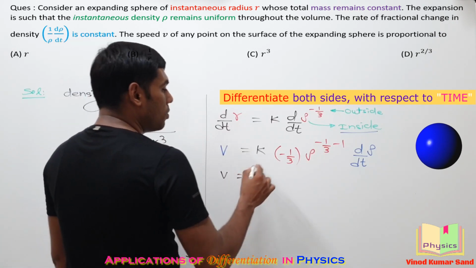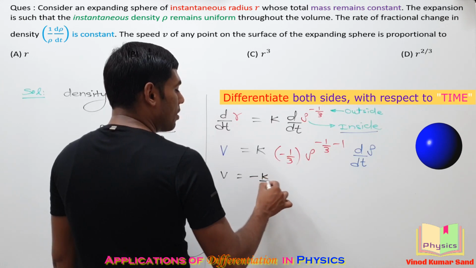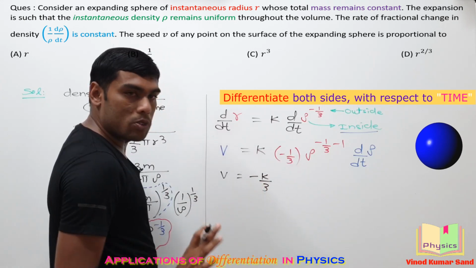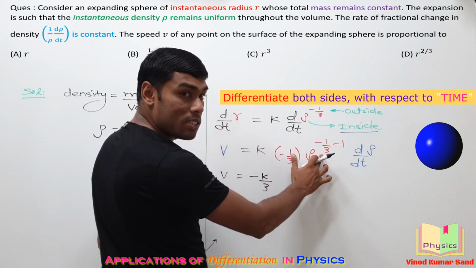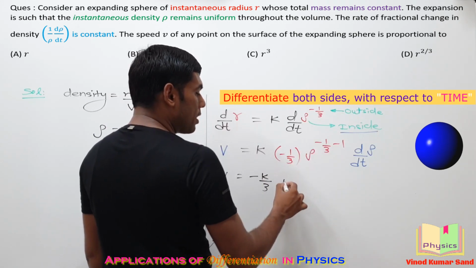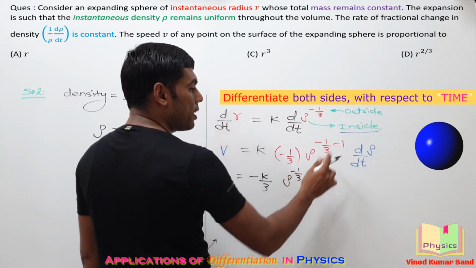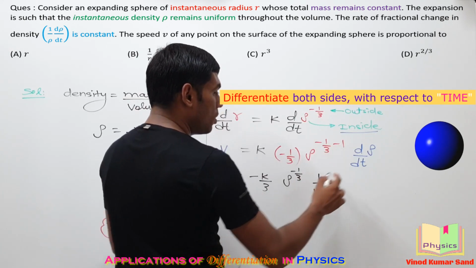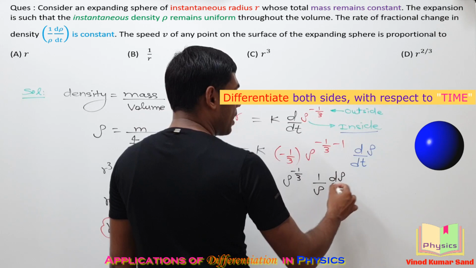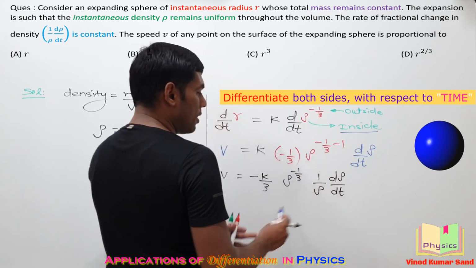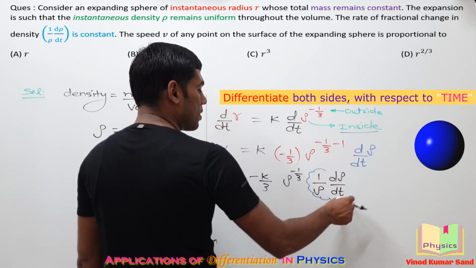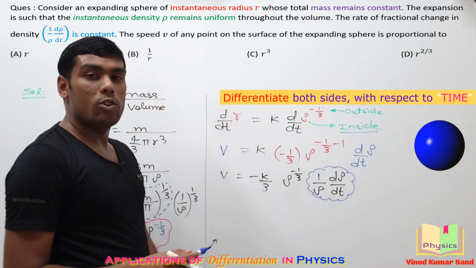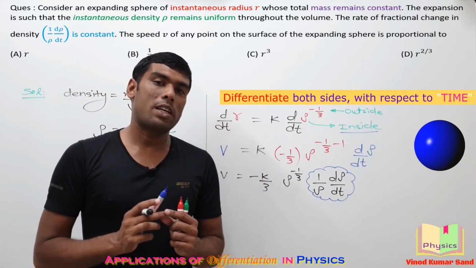Okay, let us rearrange the things. v is equal to minus k by 3, k is constant, 3 is constant, and I am trying to rewrite this term. This rho to power minus 1 by 3, we are keeping it separate, and this rho to power minus 1 we can write as 1 by rho, and here is the d rho by dt. See, this is something useful for us. 1 by rho d rho by dt is a constant or variable?